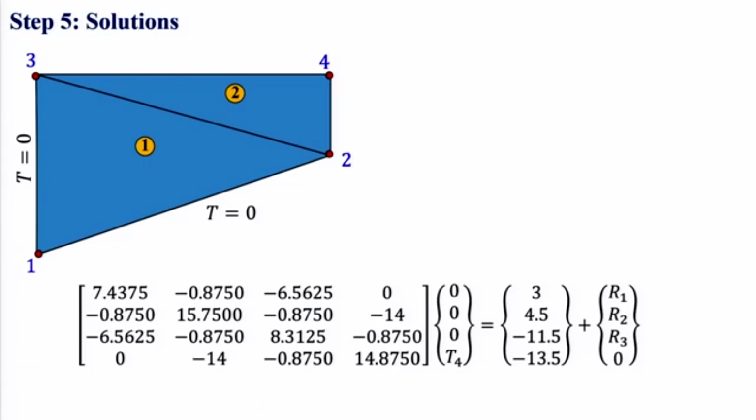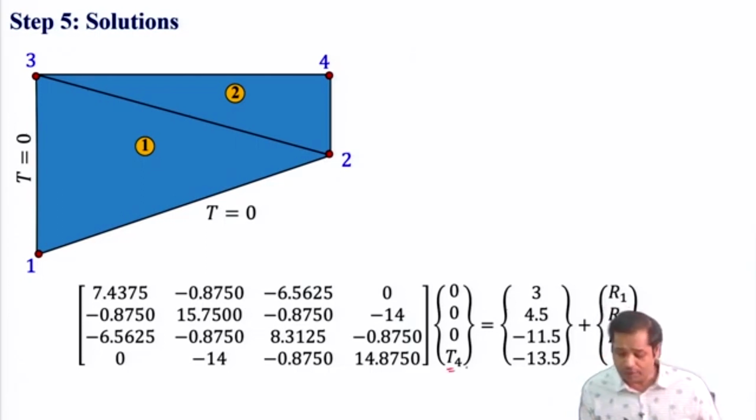So once we have that, step 5 is the solution. Now if you remember, once we have this global equation and the boundary conditions are also imposed, then in this equation some values of the primary variable are known and some values of the secondary variable are known. And some values of the primary variable are unknown and some values of the secondary variable are unknown.